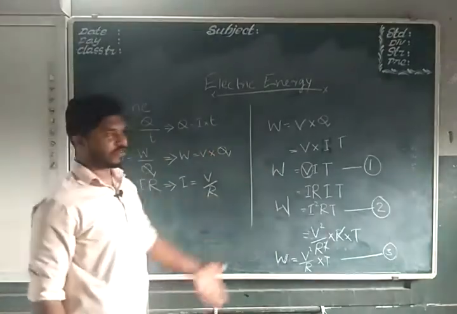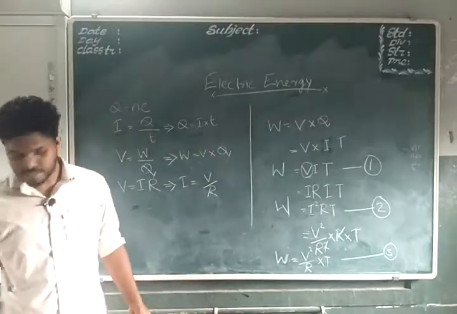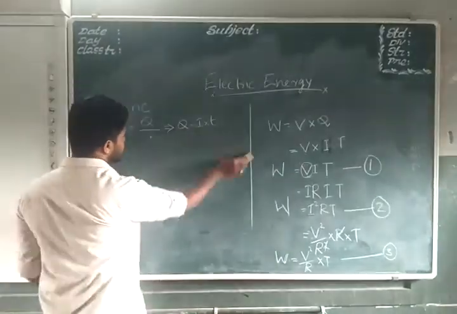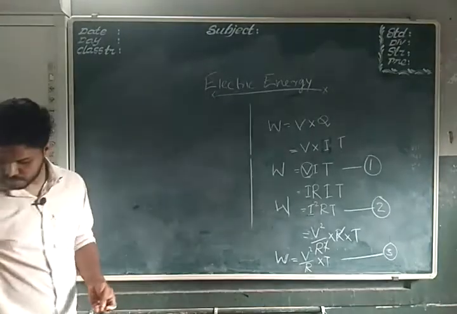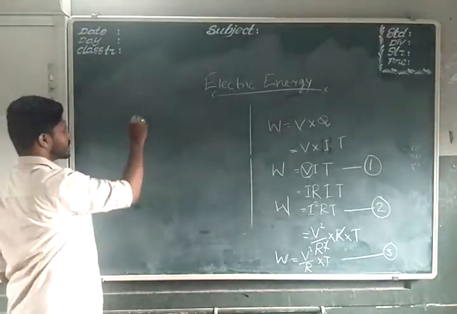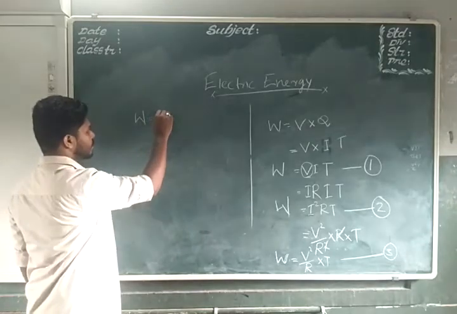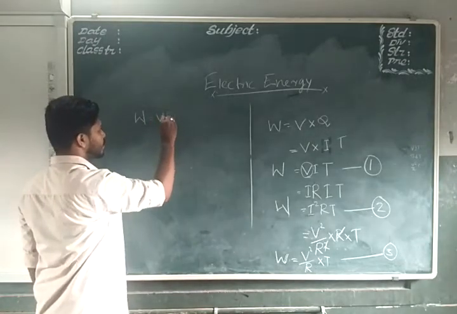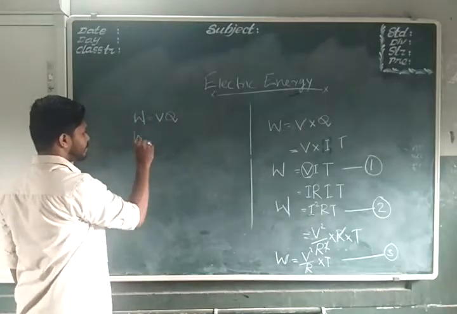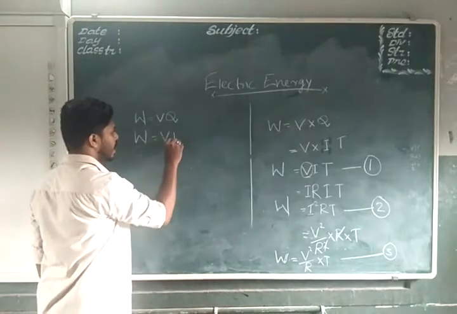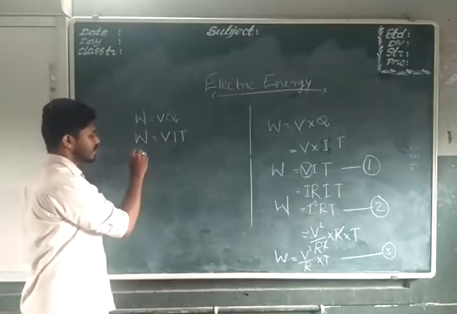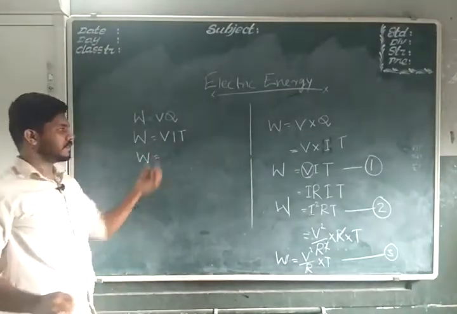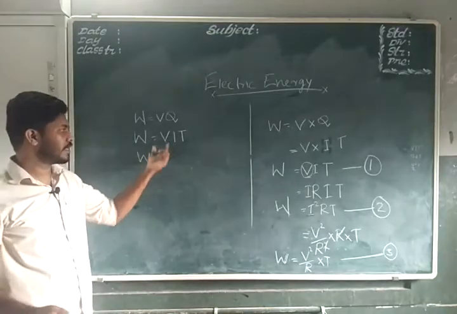So we get three equations. We can write it here. Let's start these equations. First one, we start from W is equal to V into Q. Then we reach at VIT. Then W is equal to, we substitute another value for V equal to IR.